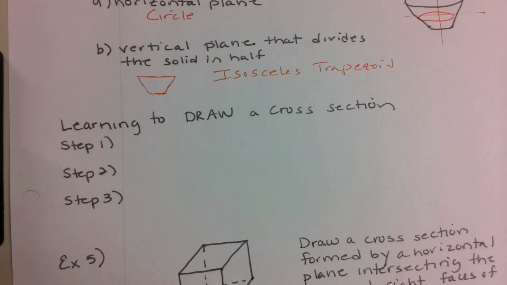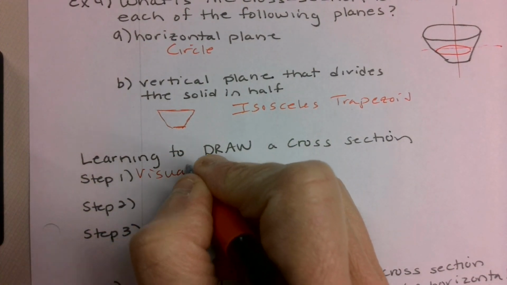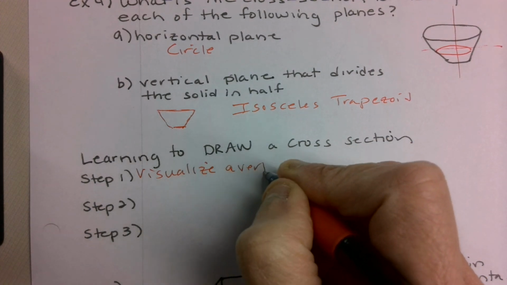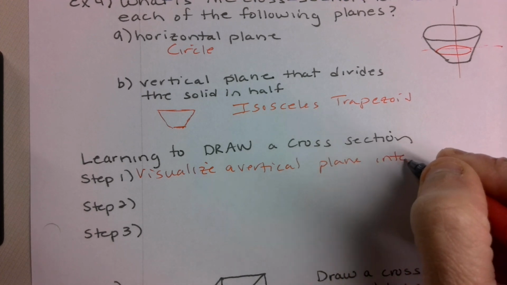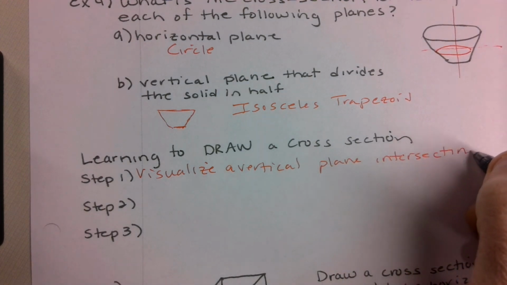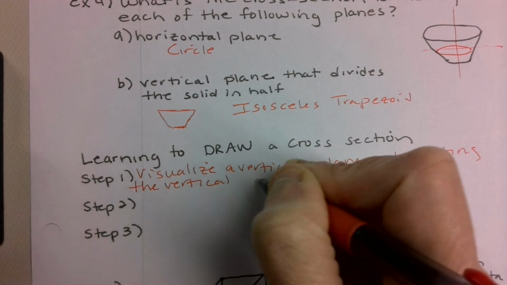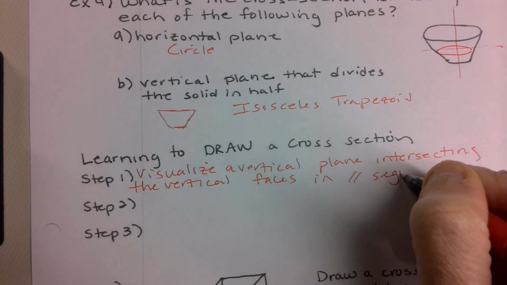All right, now let's talk about drawing a cross-section. Let's get the steps down. First, you need to visualize. That is an important piece of this because you've got to see it first. Visualize a vertical plane intersecting the vertical faces in parallel segments.